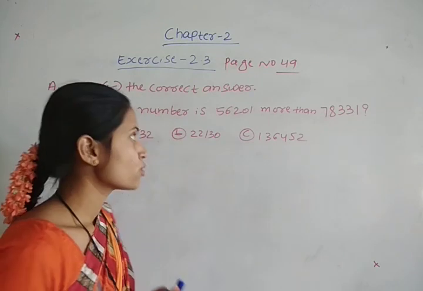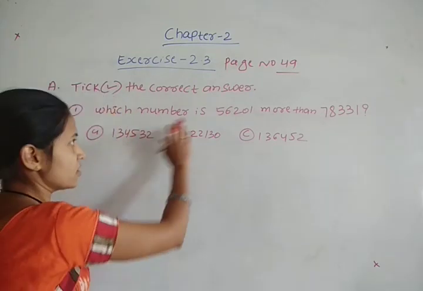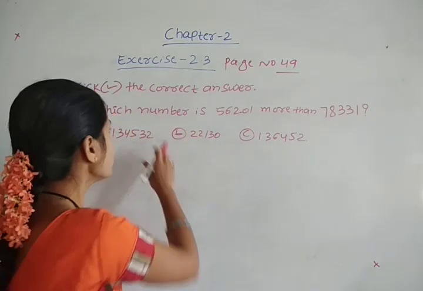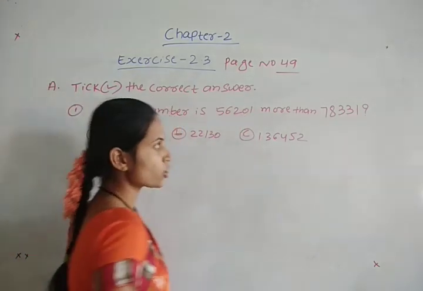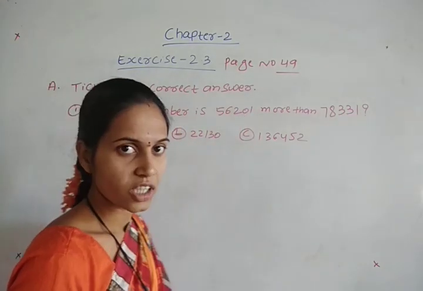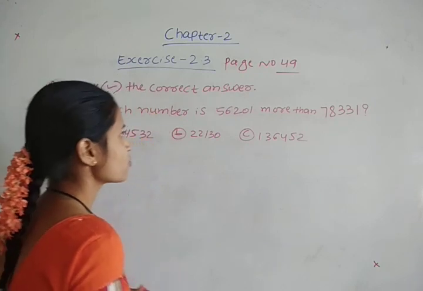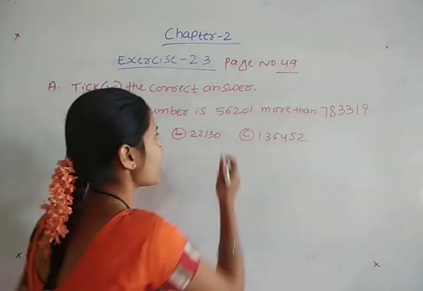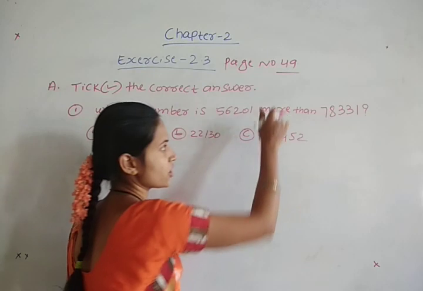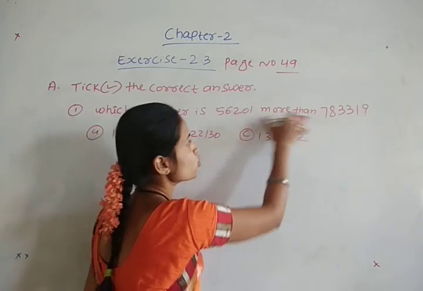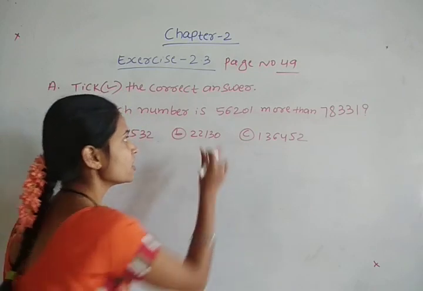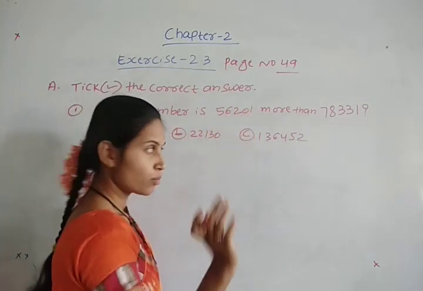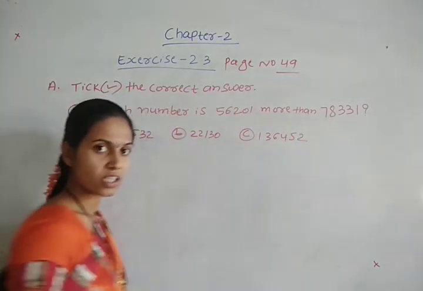So here also it is of the same kind. For that, I will add these two numbers. After adding, whatever the sum we get, that number is 56,201 more than this 78,331.